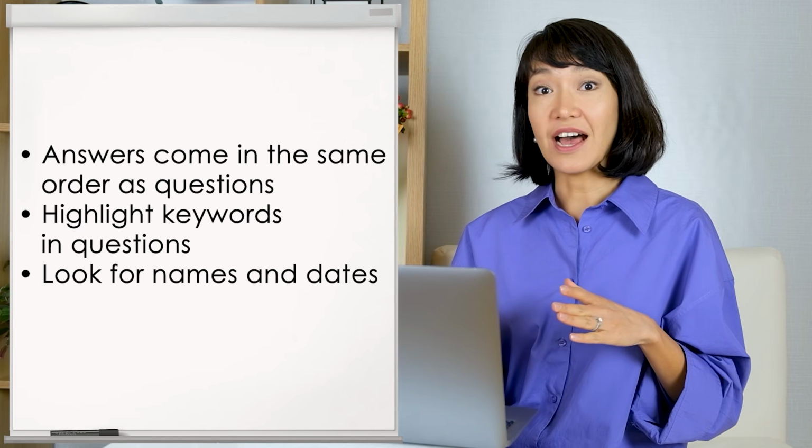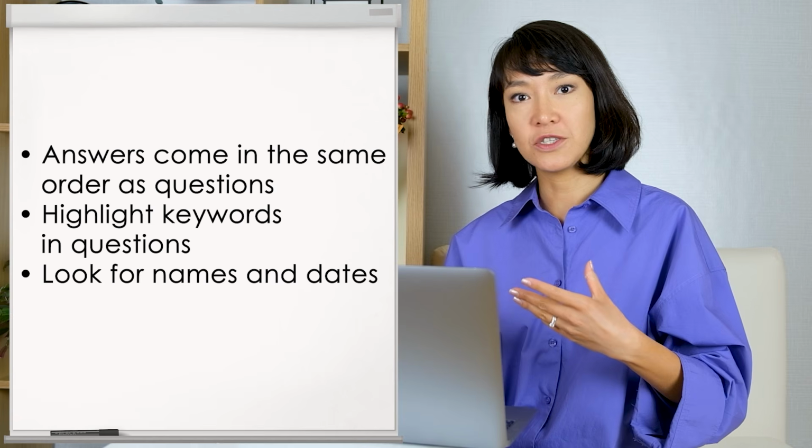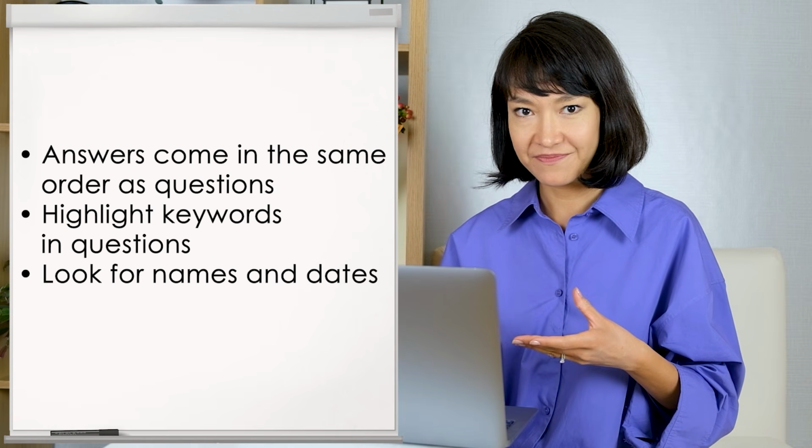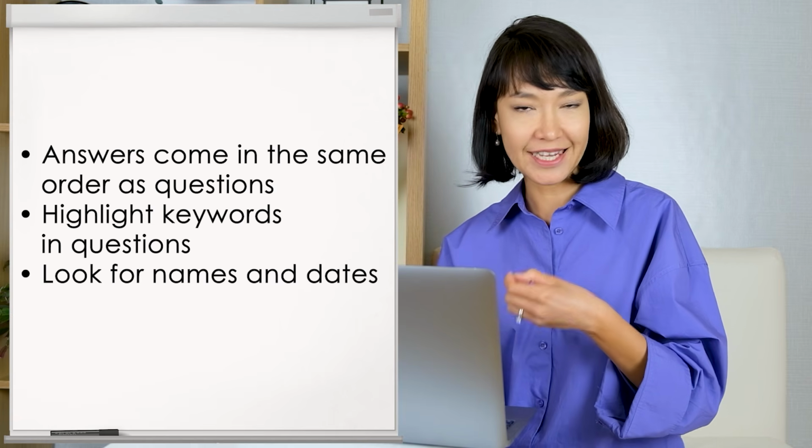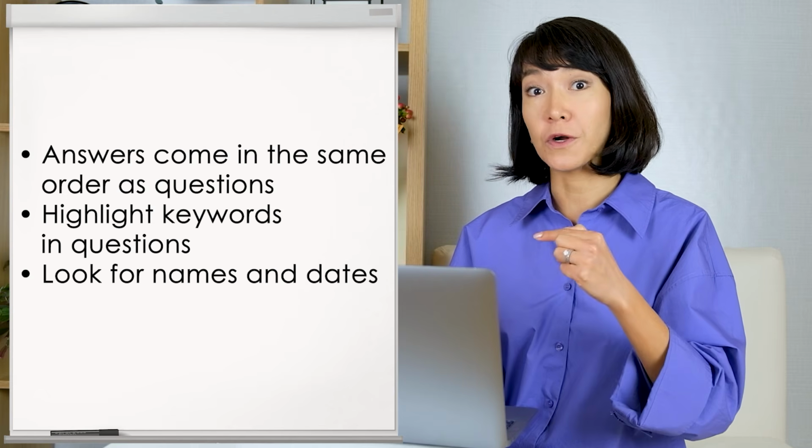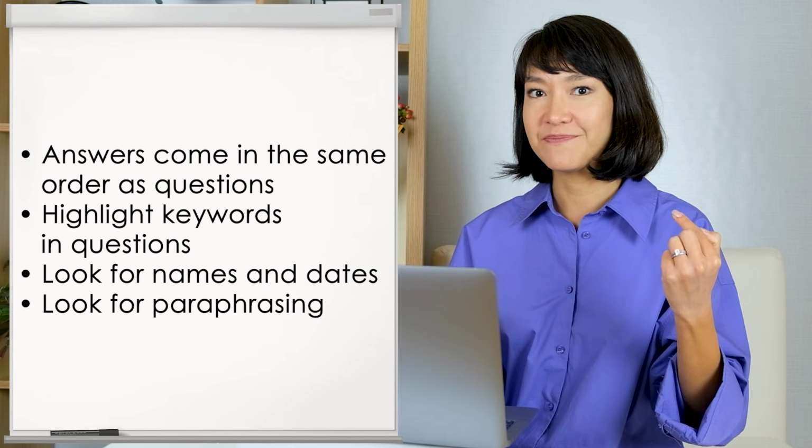The second type is the main words which determine the answer, the main words in the statement. Those words will be paraphrased. Basically, you can't look for the direct word match between the passage and the statement to tell you if the answer is true or false. No, that information will be paraphrased.